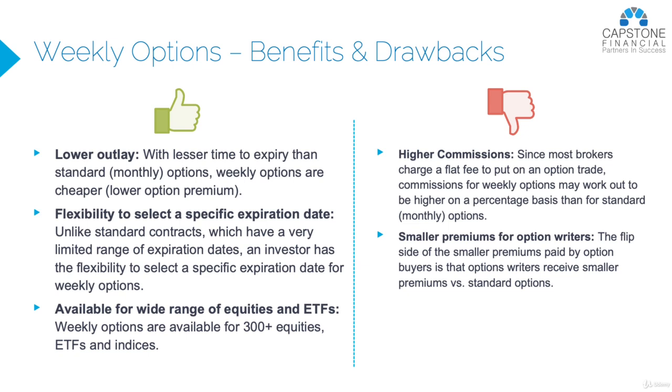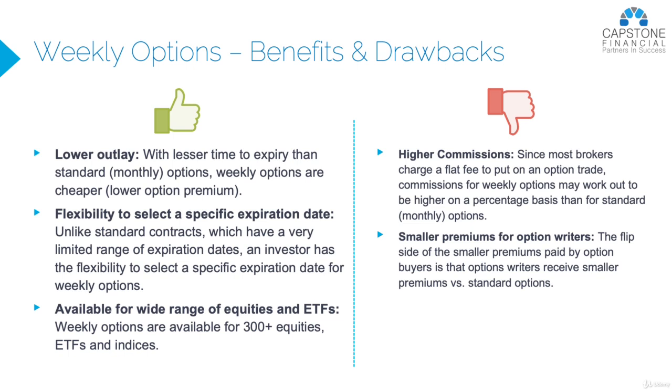So as an option seller, you are not going to make anywhere near as much as you would make on a monthly. But like we just said, if you are selling an option, you are bringing in that first amount of money on day one, and that doesn't change. So knowing that 8 out of 10 options expire worthless, there's a high likelihood that you're going to sell weekly options and be successful most weeks.